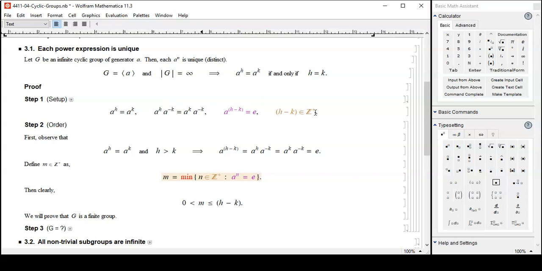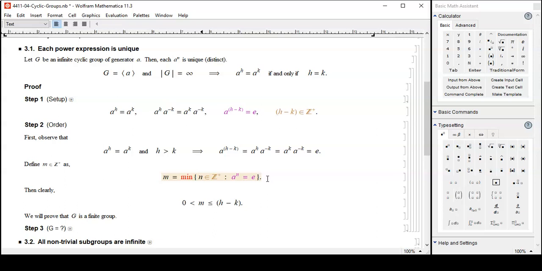And then look at this. By the setup, such a positive integer exists, h minus k. So this set here is non-empty. So there is a well-defined minimum.